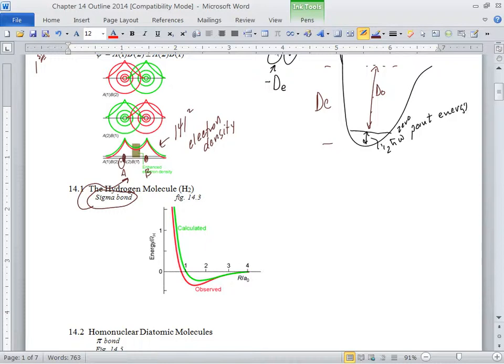But I think you can pick it out if you realize, I think the book uses these words, symmetric about the internuclear axis. What does that mean? Symmetric about the internuclear axis.